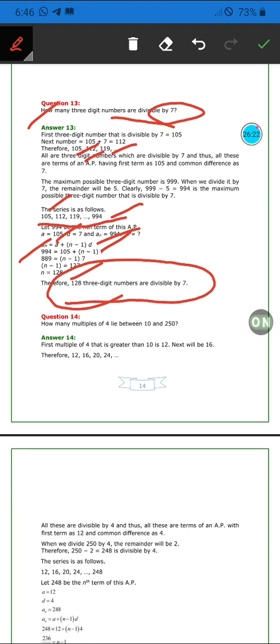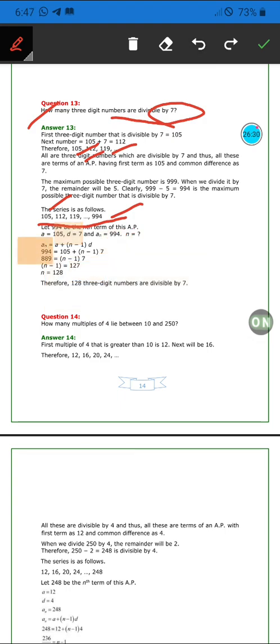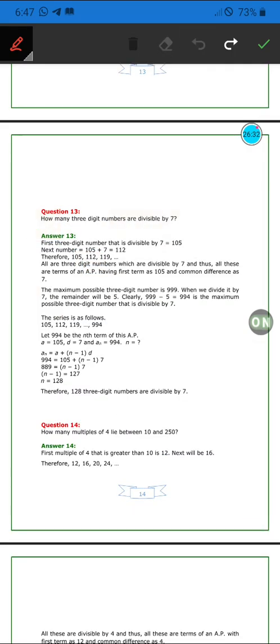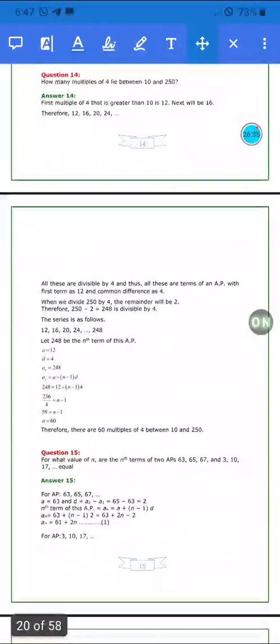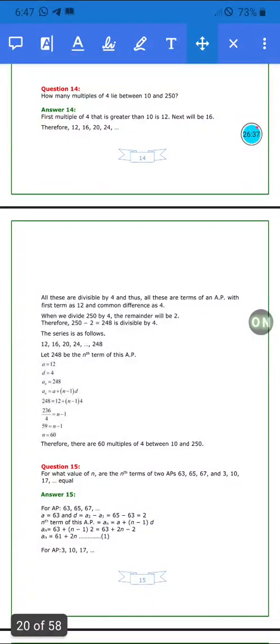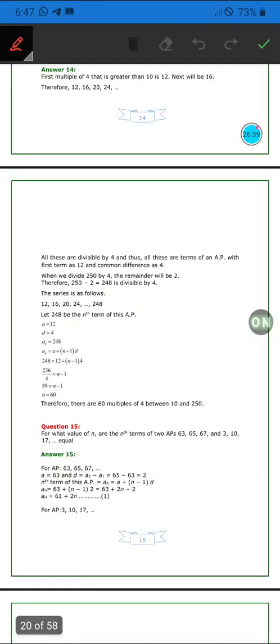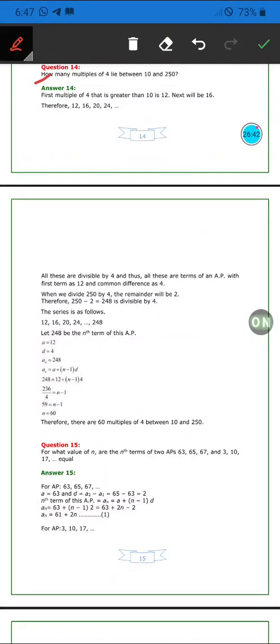OK. Next, 14th question. In this question also, it is the same as the 13th question. How many multiples of 4 lie between 10 and 250? ಅಂದರೆ 10ರಿಂದ 250 ಹೋದರೆ 4ರಿಂದ ಡಿವೈಡ್ ಆಗ್ತಕ್ಕಂಥ ನಂಬರ್ಸ್ ಎಷ್ಟಿದಾವೆ ಅಂತ ಫೈಂಡ್ ಔಟ್ ಮಾಡಬೇಕು.